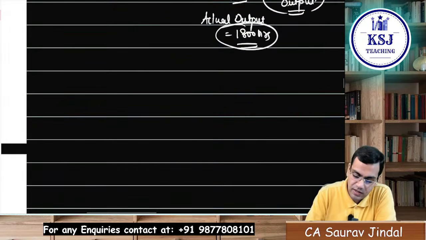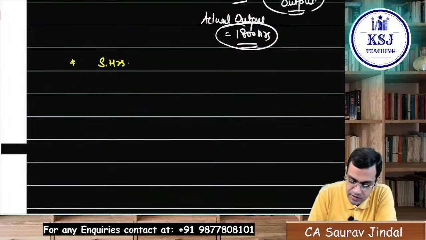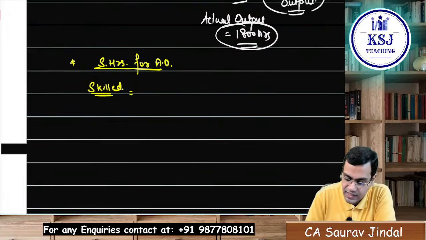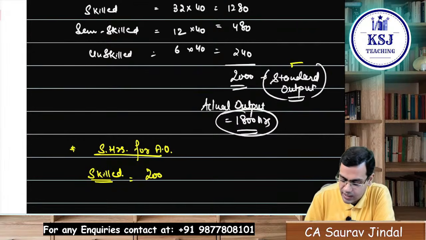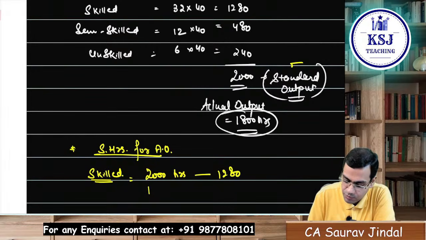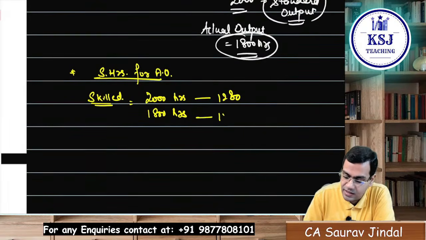Now if I want to calculate standard hours for actual output for individual workers, what will be for skilled worker? Sir, for skilled worker we say that for standard output of 2000 hours, what are the standard hours? 1280. For actual output of 1800 hours, what will be the standard hours of the skilled worker? Multiplied by 1800.